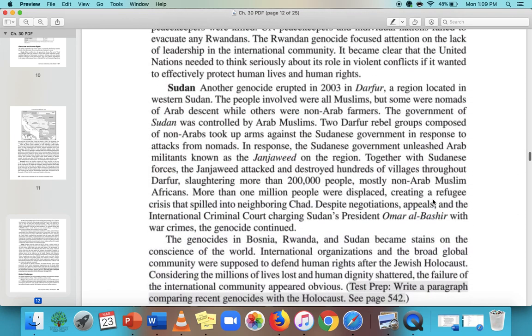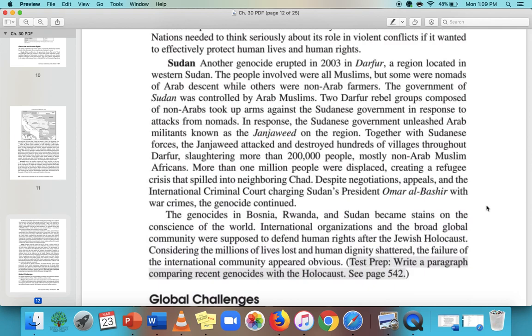Sudan. All right, last thing for today, Sudan. There's another genocide that erupted in 2003 in Darfur. Circle that. I think I talked about this before, that George W. Bush was the first person to call this a genocide. Down here it says the Sudanese government unleashed Arab militants known as the Janjaweed on the region.